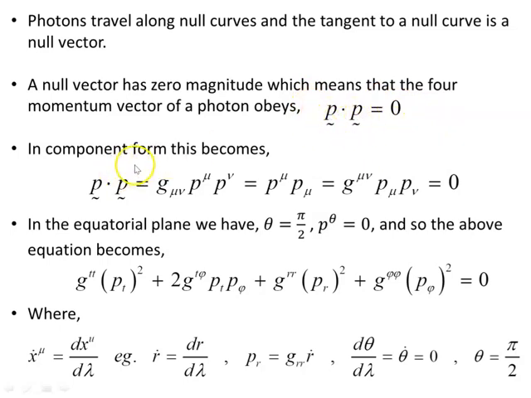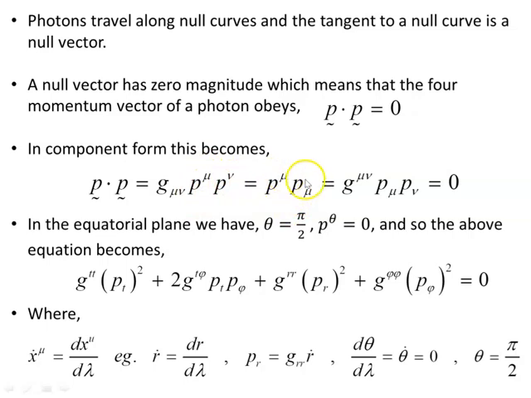Now, in component form, if we want to perform this contraction in the Kerr spacetime, or whatever spacetime we're dealing with, then we need to go from the Minkowski metric over to the curved space metric, g mu nu. So the magnitude of this vector in any space with metric g mu nu will be g mu nu P mu P nu.